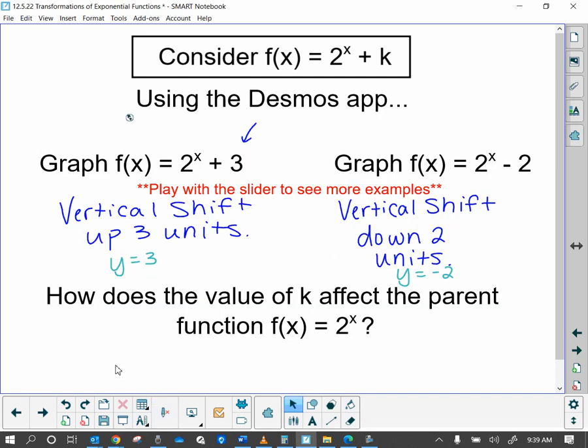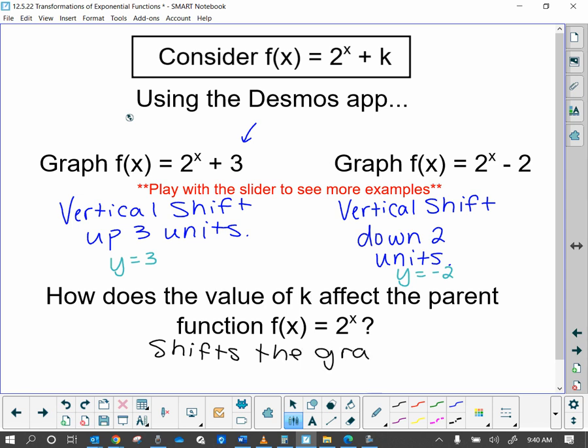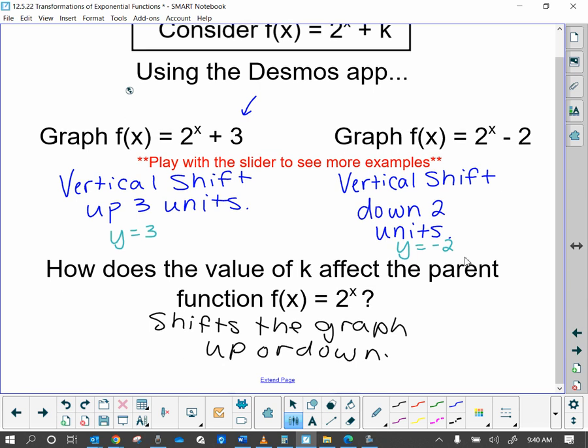Okay, so how does the value of k affect the parent function? It shifts the graph up or down. What else does it do? What did we just determine? It changes the asymptote.